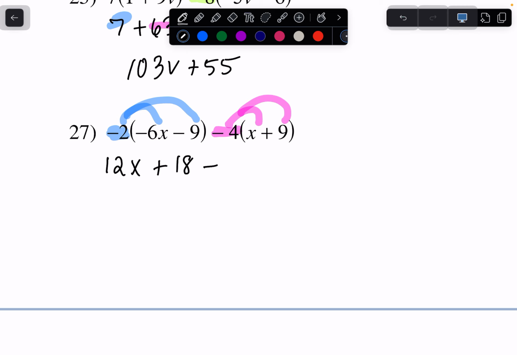And then we're going to get a negative 4x and a negative 36. That negative is attached to the 4 and distributes with it. And then it's just a matter of combining like terms. We've got 12x minus 4x is 8x. And then we've got 18 minus 36, which is negative 18.